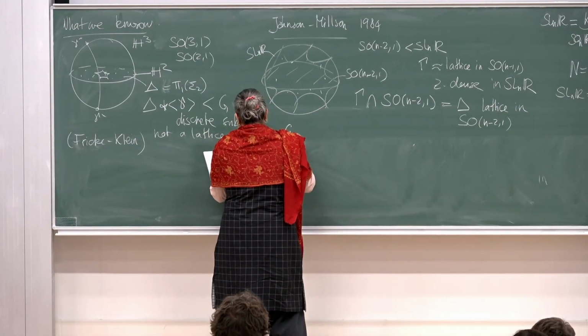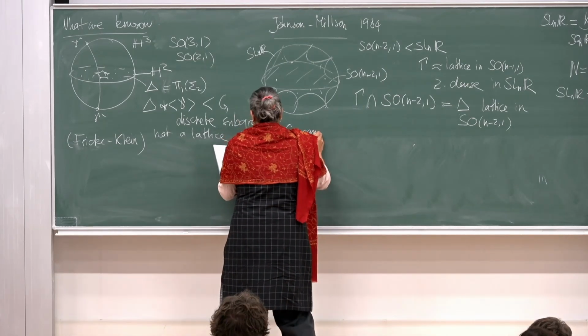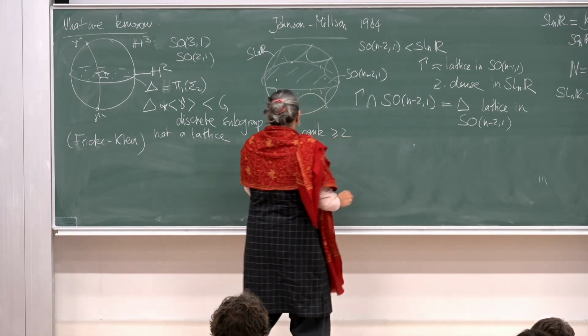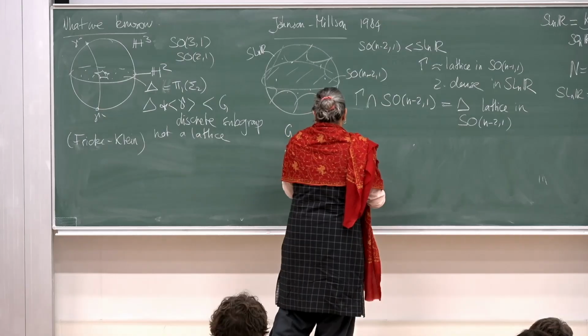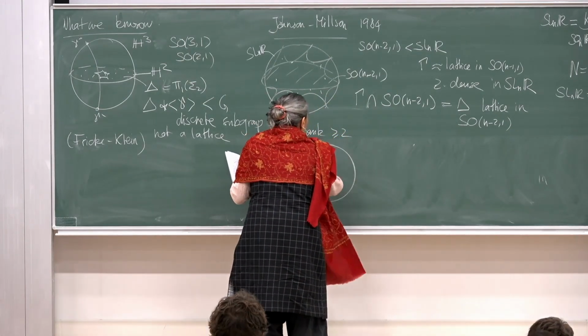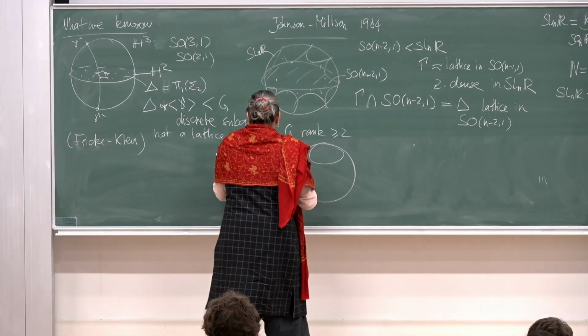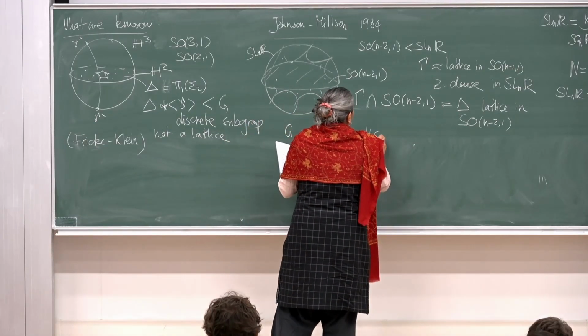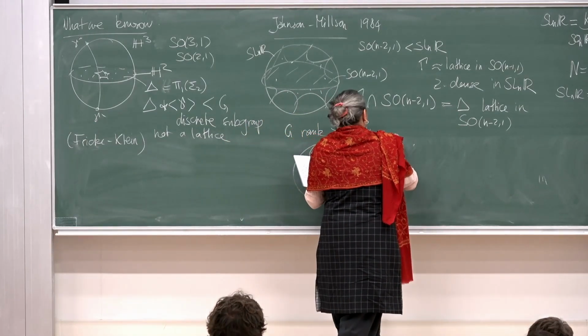Let me just mention if G is rank greater or equal to 2, then we had some other results when you have H in G, which are horospherical subgroups.